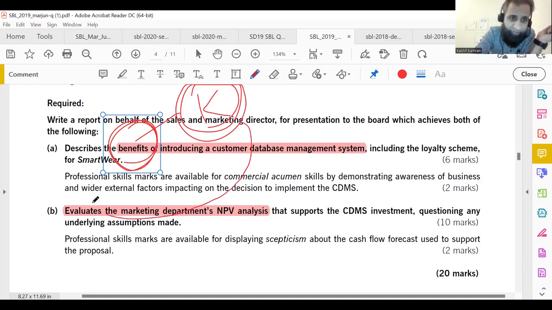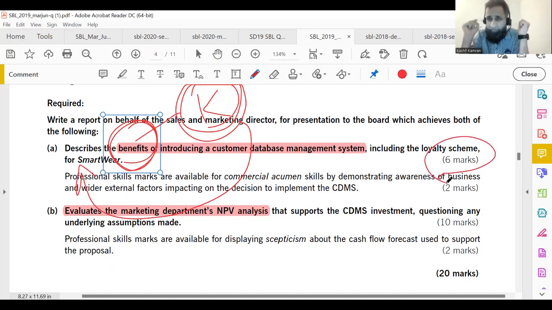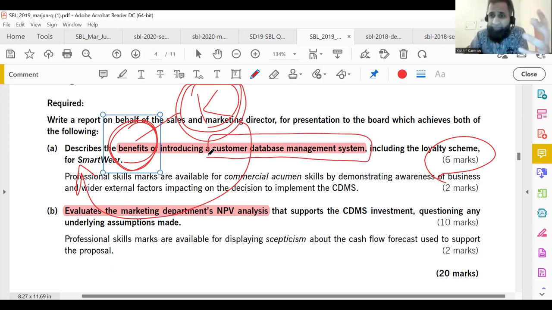You will relate that with Smartware, right? Six marks, so just three benefits, but relating them to the case study. So if you learn the benefits of so many topics, can that be beneficial? At least when you look at customer database here, customer database is a proper topic. And if you know the topic, you can survive in the six marks question.